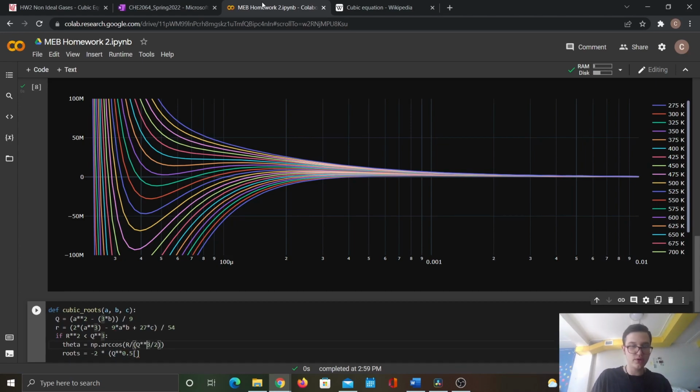And instead of 3 halves, we use 1.5, because division will still be used. Otherwise, that would need parentheses to make sure it was raised to the power of 3 halves, so that's easier.